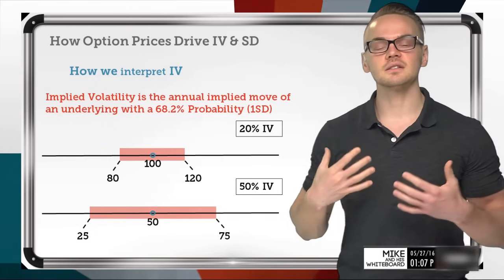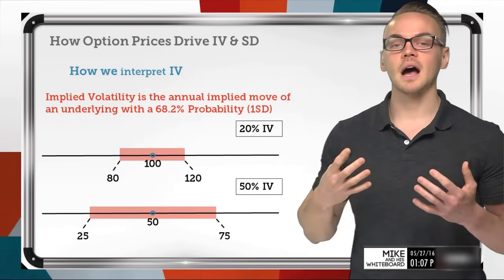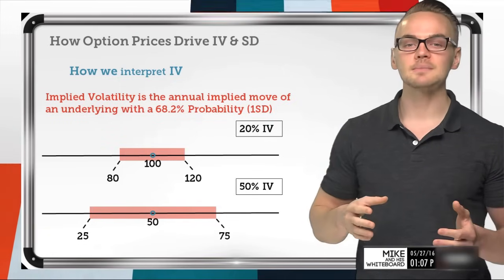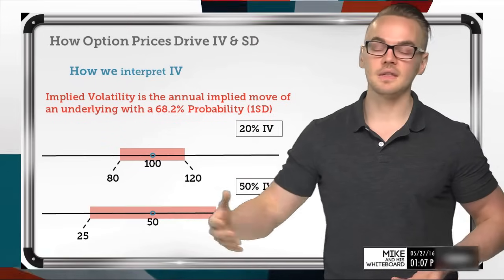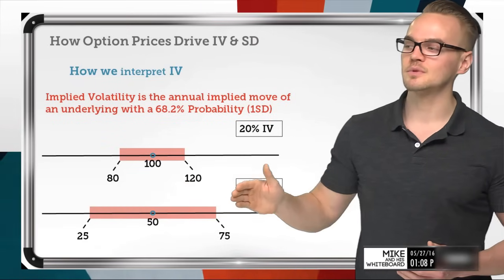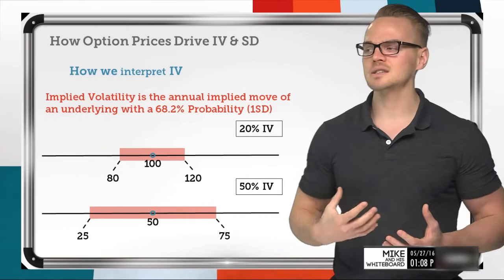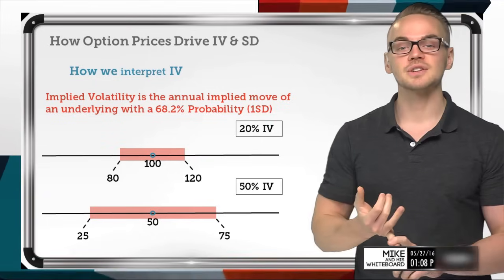And when we see these high levels of implied volatility, we're normally going to be seeing a higher price premium in those options, because the implication is that it could move down to 25 or it could move up to 75. So because there is that speculation, a lot of people are going to be buying options, whether they're hedging their positions.